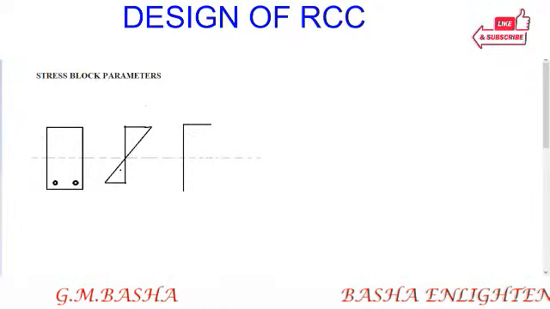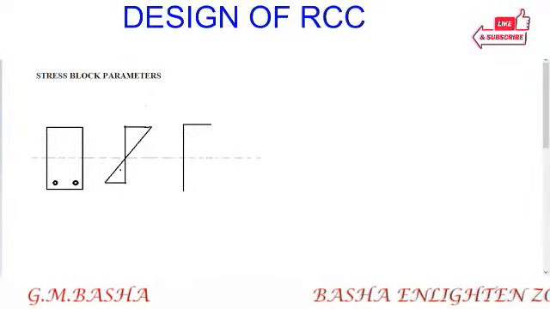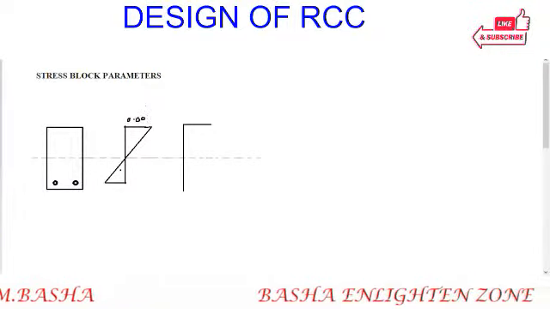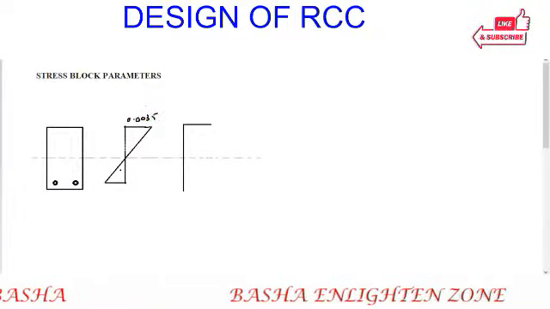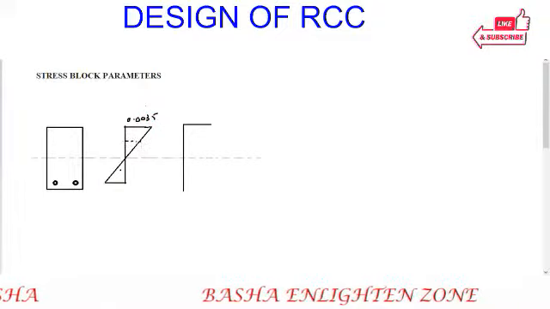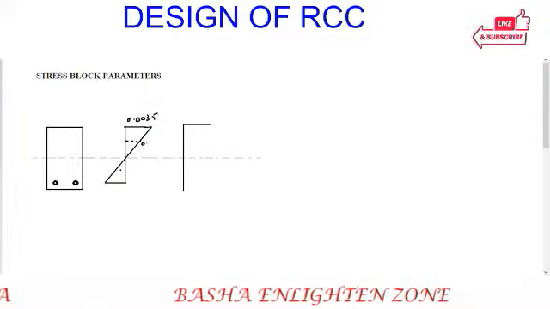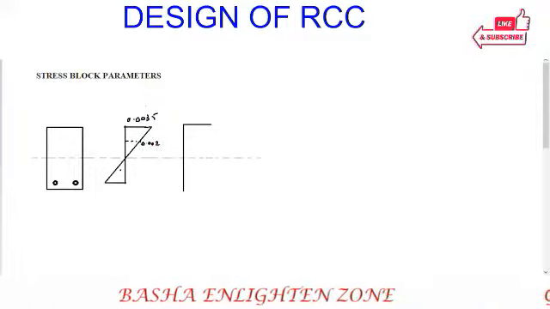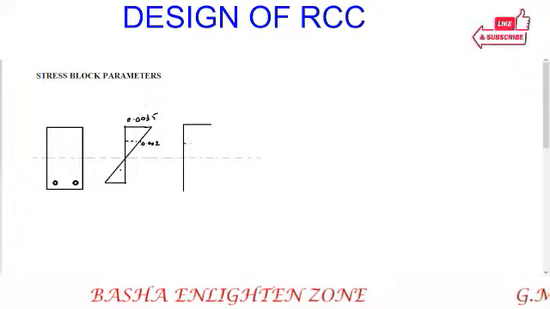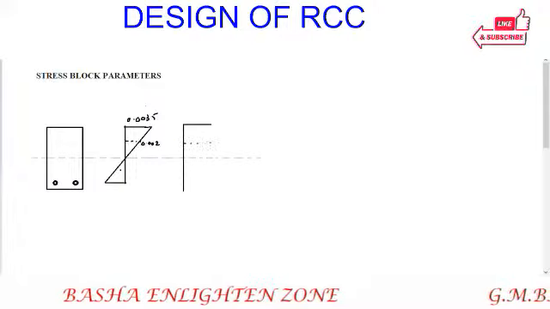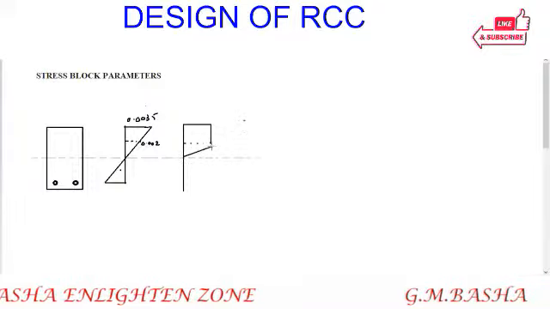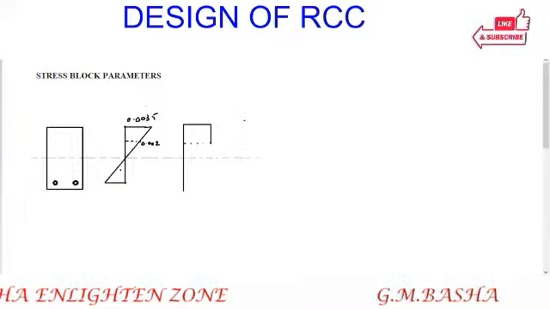Here, the maximum strain I told you is 0.0035, and the strain at first crack will be developed at 0.002. Up to this level, you already know this will be linear, and the remaining part will be parabolic.